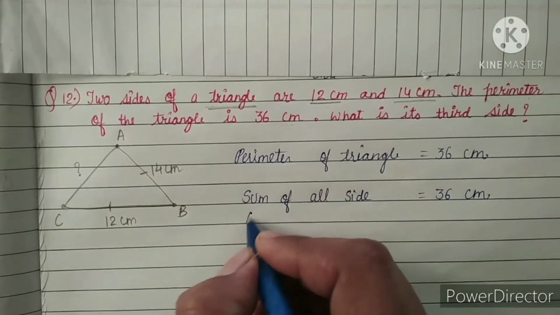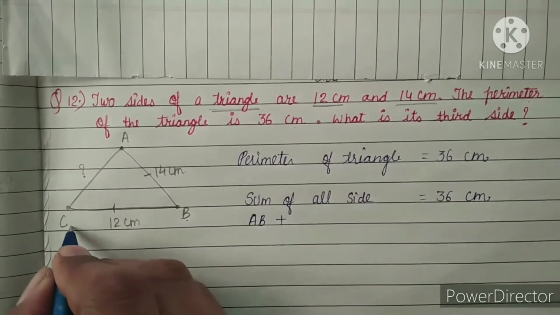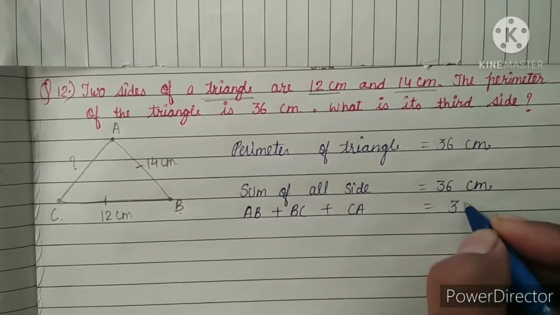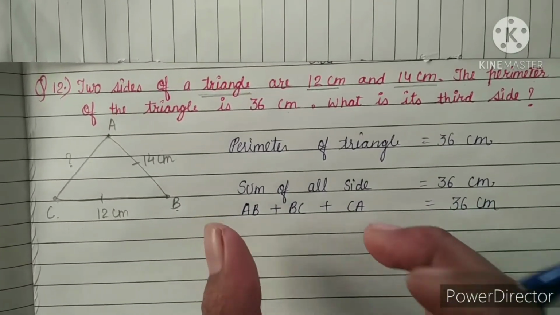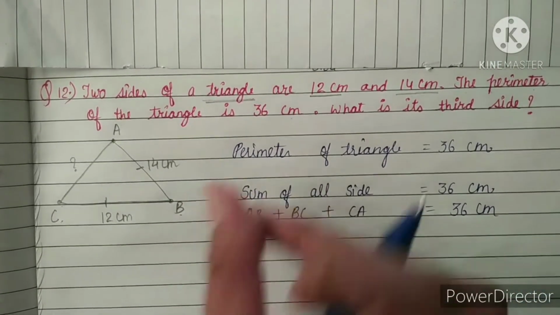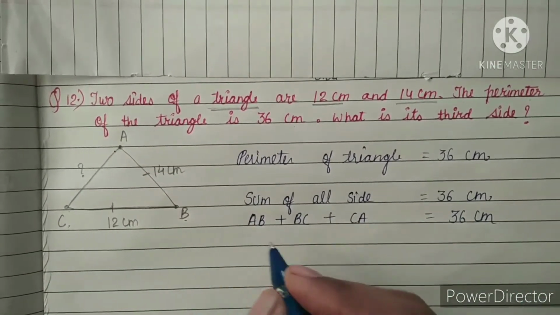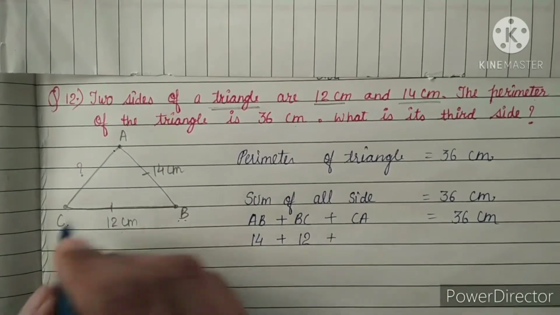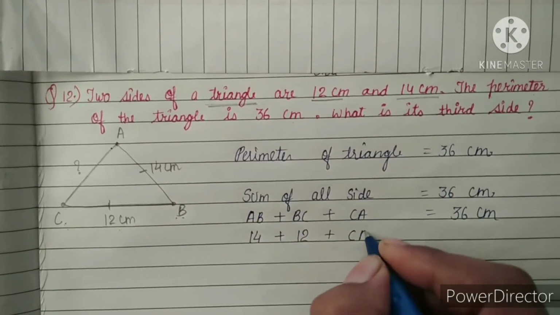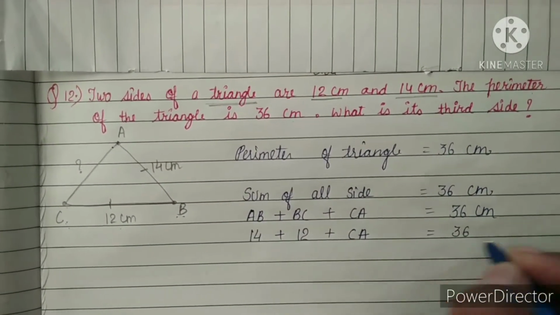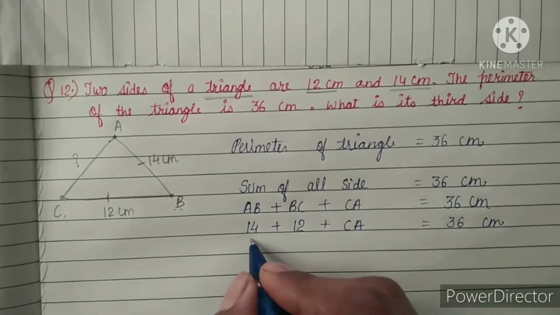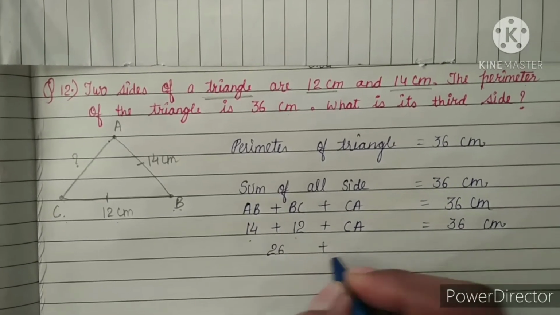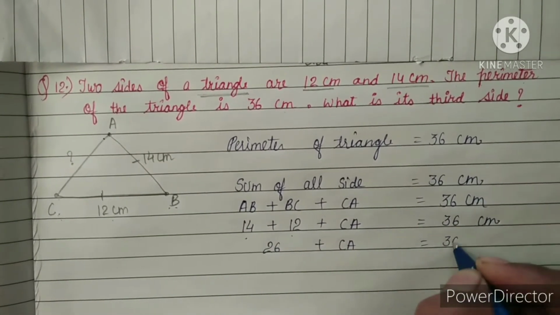So first side is AB. AB plus BC plus CA is equal to 36 centimeter, because when we add all the sides we will get the perimeter. The length of AB is 14, BC is 12, and CA we don't have, so CA will remain as it is, and 36 centimeter as it is. 14 and 12, when you add them you will get 26, plus CA is equal to 36.